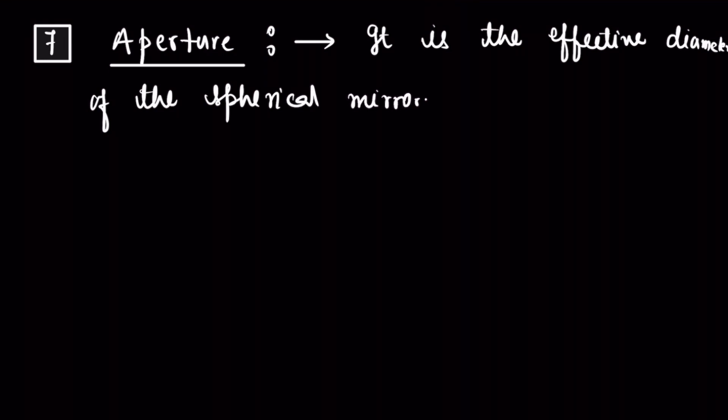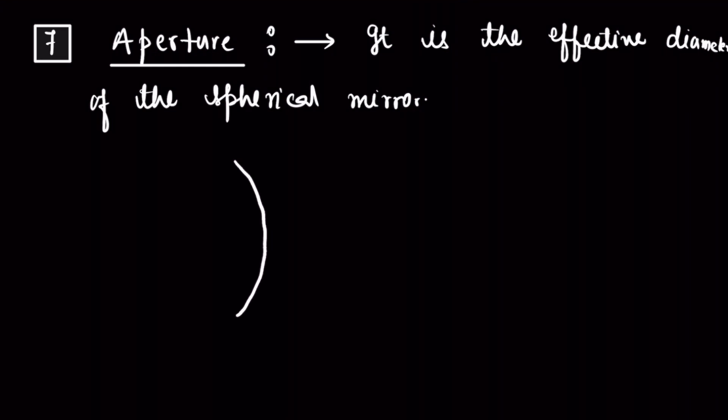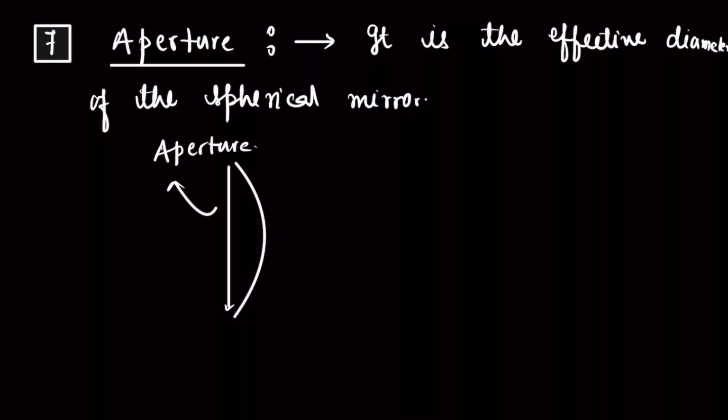Means if we use any spherical mirror, whatever the diameter of it, that is represented as aperture. So there are a total of 7 common terms we need to remember. But when we remember, we need to understand the concept because it will always be used in this topic. I hope you understood this concept properly.